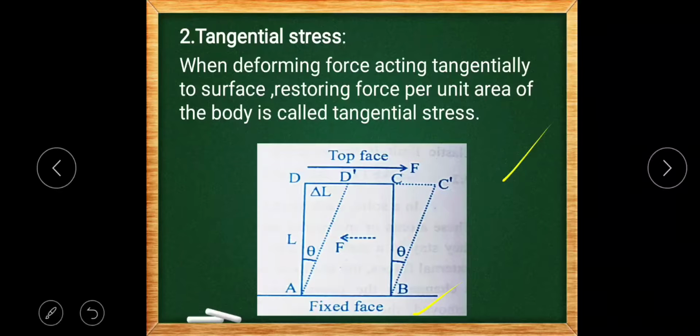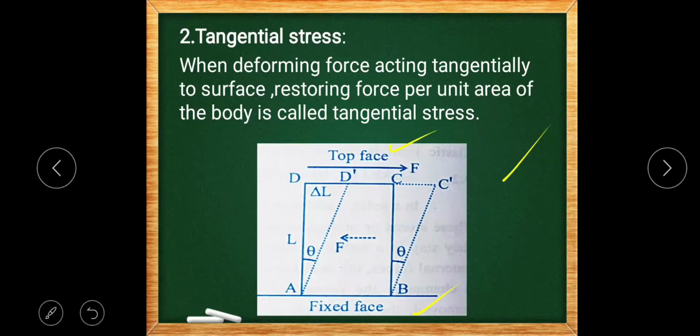Consider a rectangle ABCD in which the surface AB is fixed and force is applied parallel to the surface CD, so that the body is sheared by an angle theta.